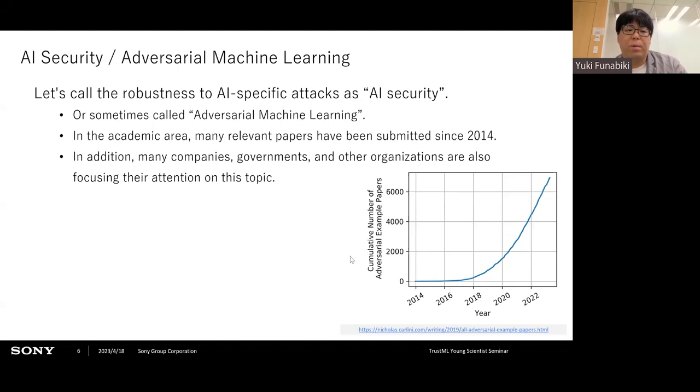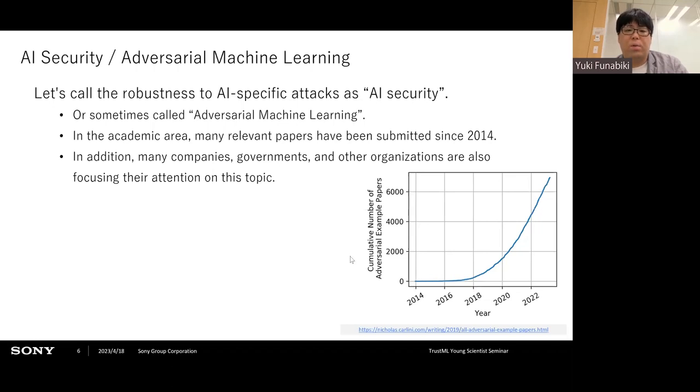In addition, this is the academic area, but of course many companies and governments are also focusing on this area. For example, NIST, an American organization, released the AI Risk Management Framework this January.